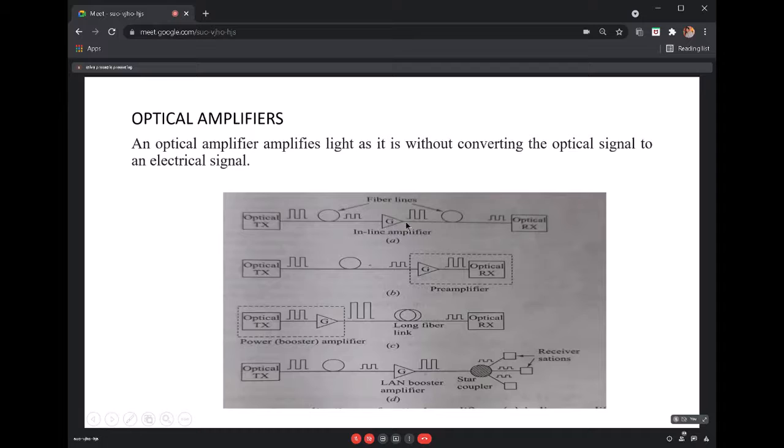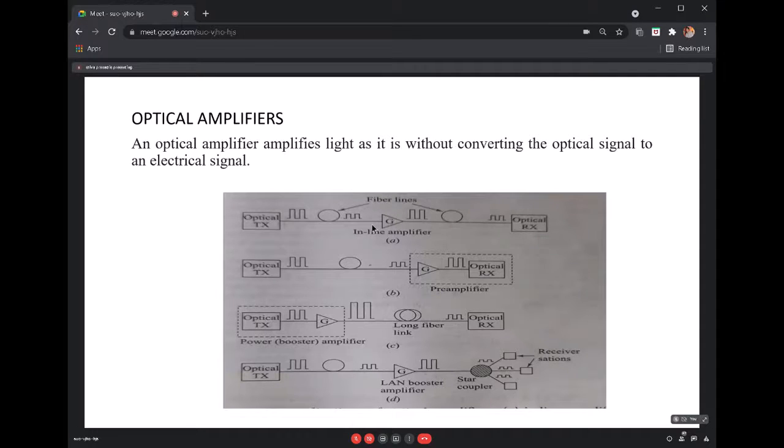So here the medium is going to change. That means we are going to include an active medium within this. We are going to use alloys of semiconductor materials from group 3 to group 5: phosphorus, gallium, indium, arsenic, such different terms. Based upon the research and the type of applications, they will be used.